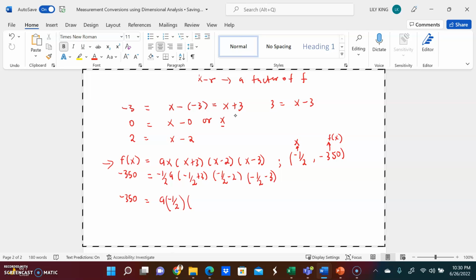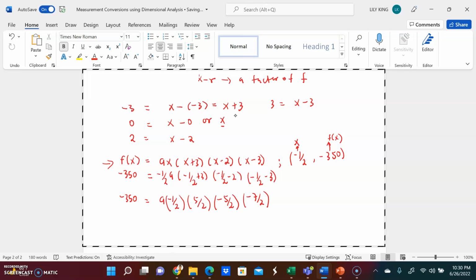Then -1/2 plus 3, if you type this into your calculator, gives you 5/2. And -1/2 minus 2 is negative 5 over 2. The last one, -1/2 minus 3, is negative 7 over 2.